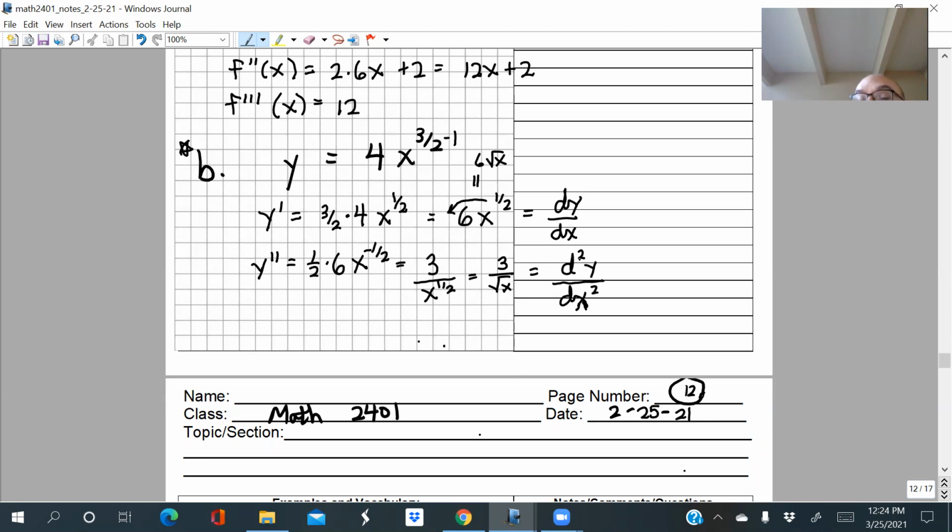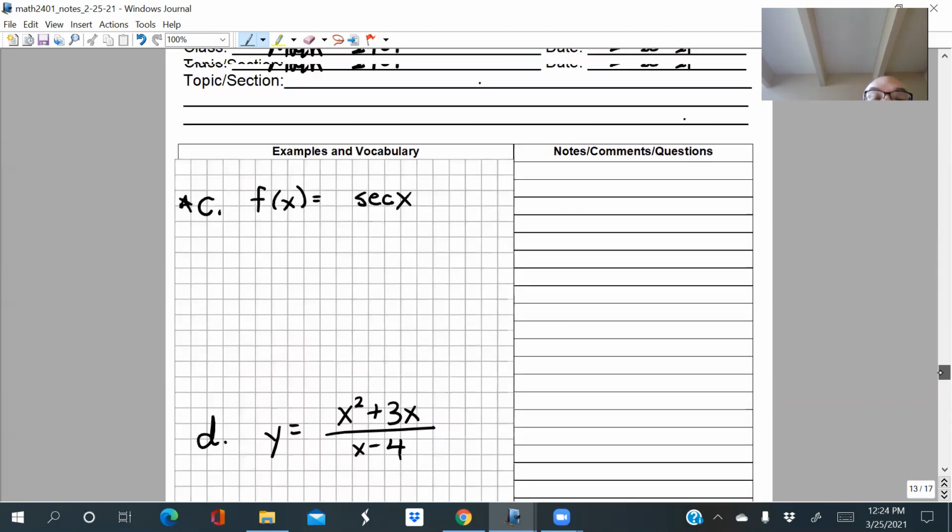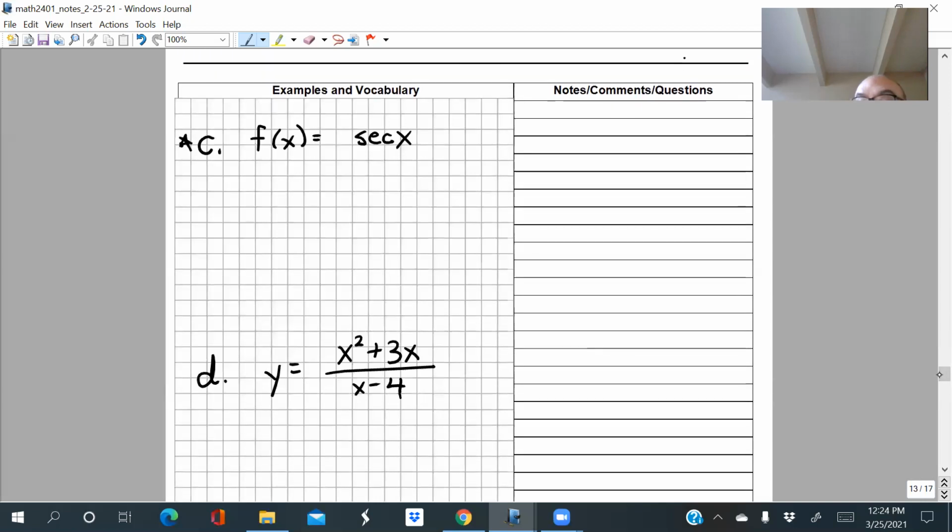There's a logic to why the exponents are in different positions, but I'm not going to go through the explanation for that. So it's d squared y over dx squared. That means second derivative in the old-fashioned notation. All right, I'm going to let y'all try another one.